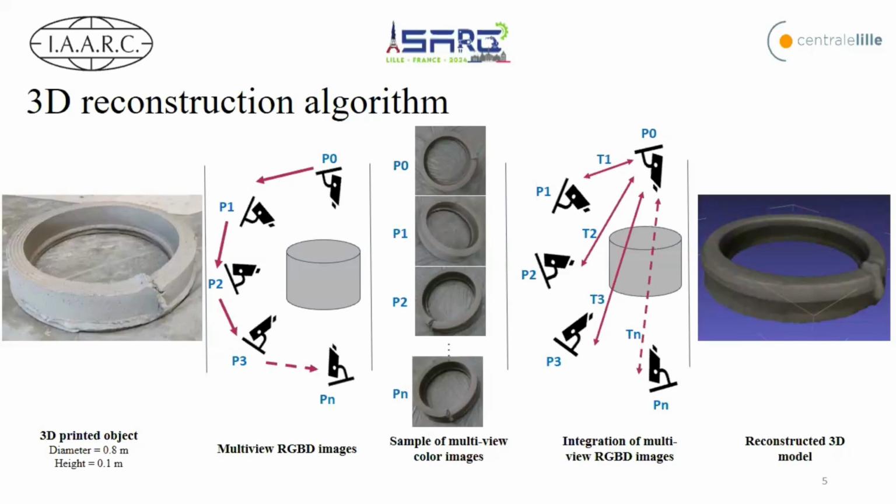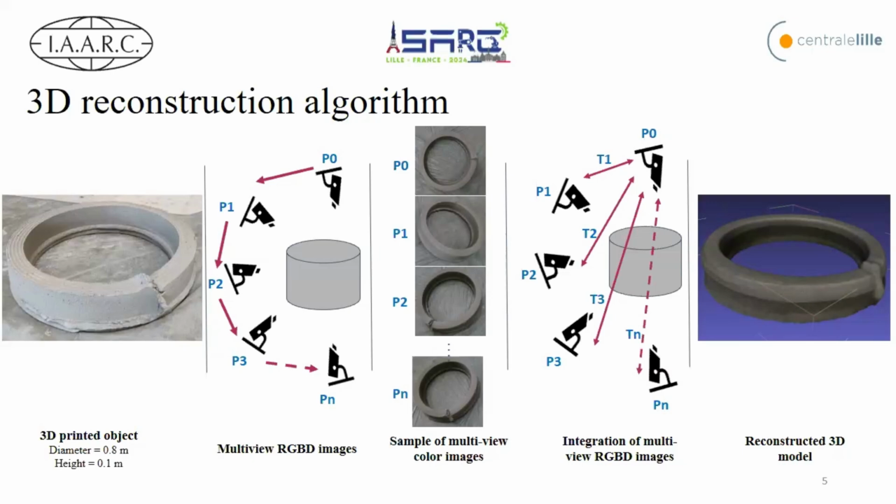Here we can see an example of the multi-view images, only the color images, because the depth map is not so clear for visualization. And then we apply the odometry-based stitching algorithm, in which we compare a pair of images to find the difference in the pixel positions, so we can estimate the camera movement between two different images.